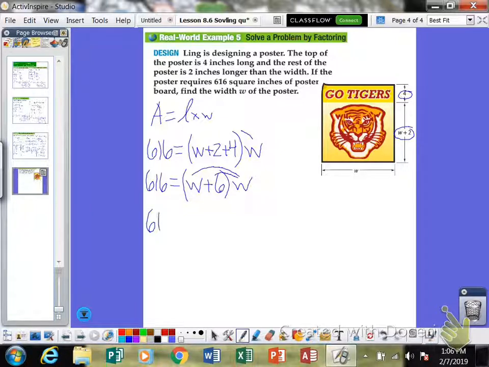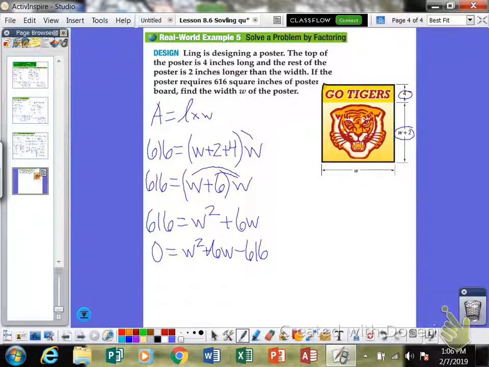So I get 616 equals W squared plus 6W. Now we want to set this equal to 0 so we can factor it. So I'm going to subtract 616 from both sides, and that's going to give me 0 equals W squared plus 6W minus 616.